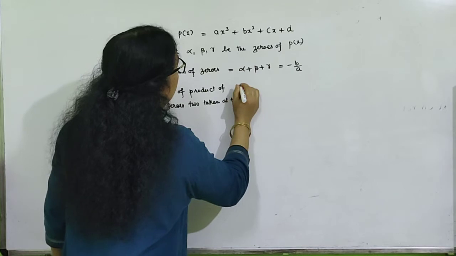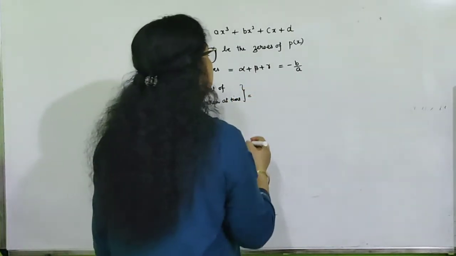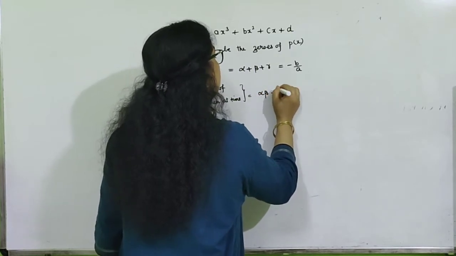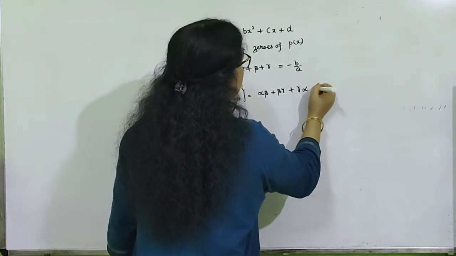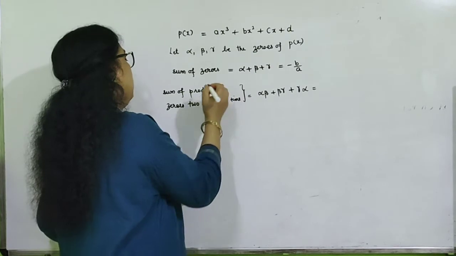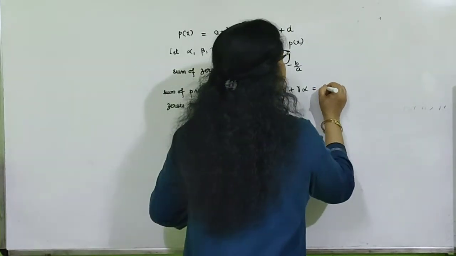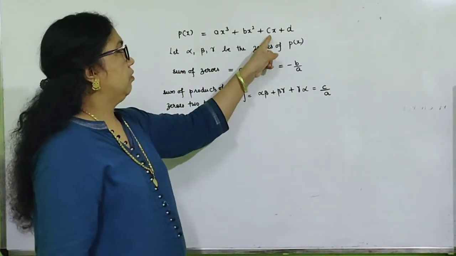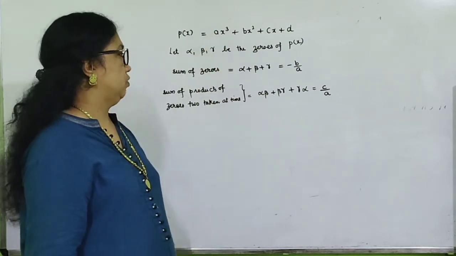That means the products of two zeros, then their sum, that is alpha beta plus beta gamma plus gamma alpha. This is the sum of products of zeros, two taken at a time. That is c upon a. What is c? The coefficient of x upon the coefficient of x cube.